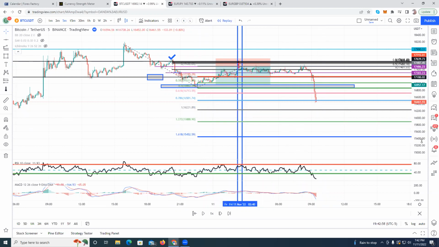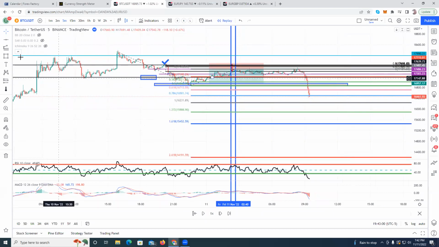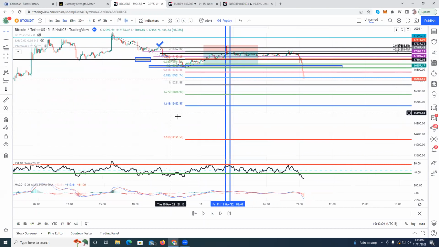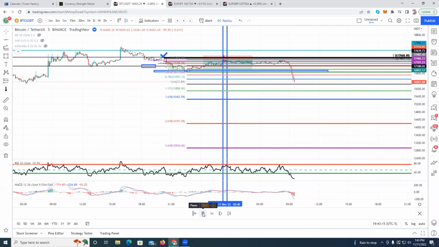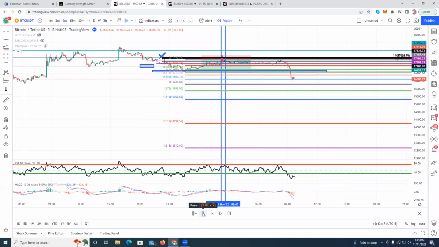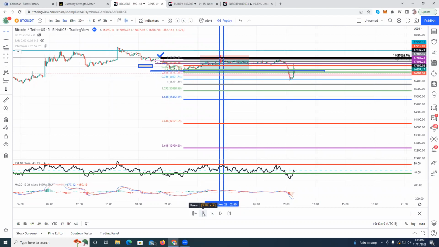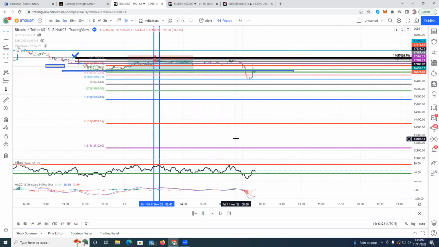Now, for targets, when it comes to using the trend-based Fibonacci extension, I look for the 1.618, and then I also look for the 2.618. So just out of curiosity, let's see how this played out, because I don't recall looking at this before. I just did what I did before the session.